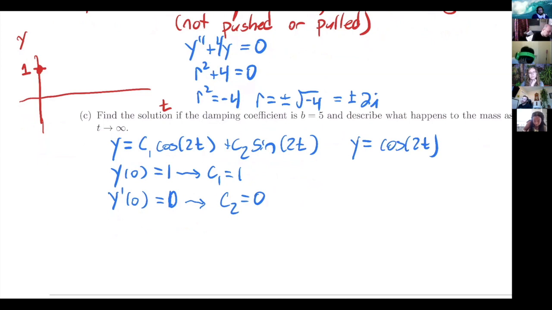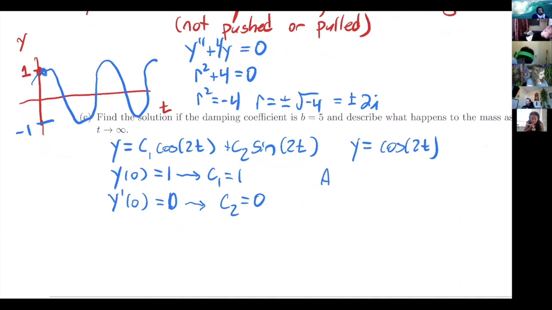That's right. And so what happens to this as time goes on, the cosine function is just going to oscillate back and forth between 1 and minus 1. And since at time 0 our velocity is 0, that means we're starting off at the max value at 1, and the slope there is 0. So here, as t goes to infinity, what we can see is the mass is going to oscillate back and forth forever.